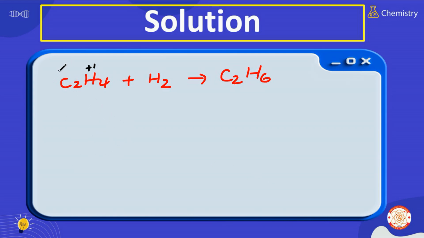So it's minus 2. What is the oxidation state of hydrogen? 0, right? And the oxidation state of hydrogen in ethane is +1, and oxidation state of carbon is -3.